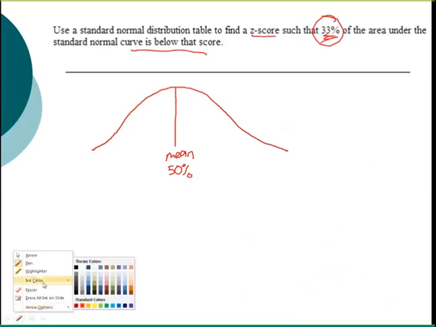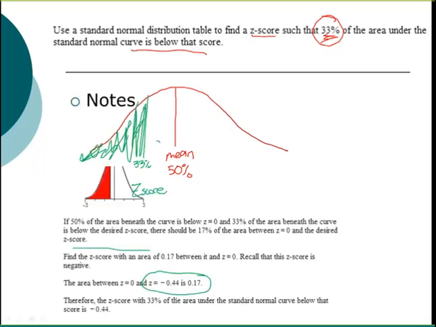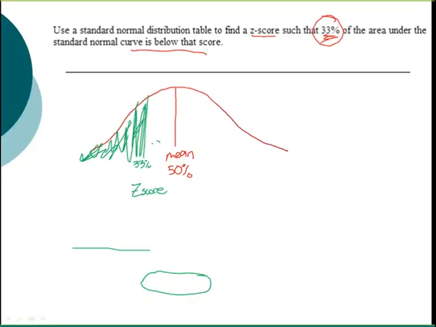Well, to get to 33%, what you need to realize is that 33% is over here. Okay, so I'm trying to figure out what the z-score would be to be right here. What is my z-score for my data? Okay, so we've got 17% of my data left over.